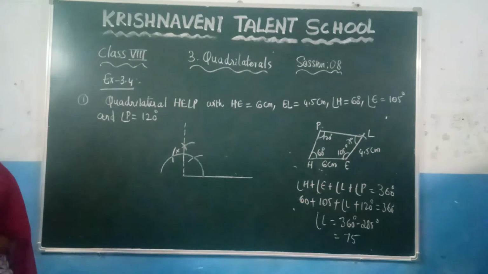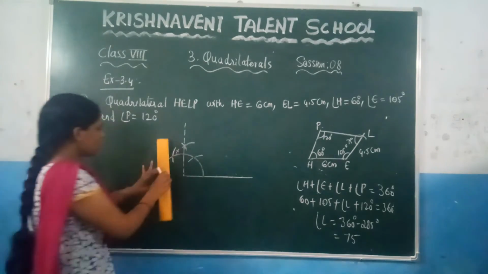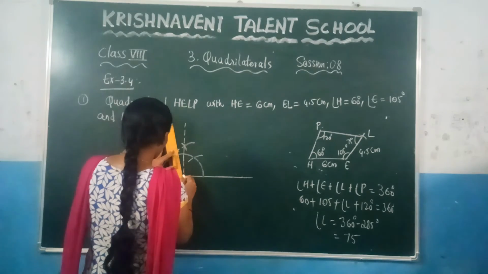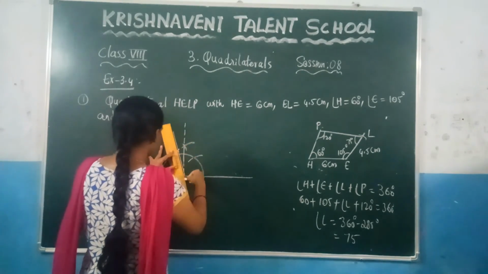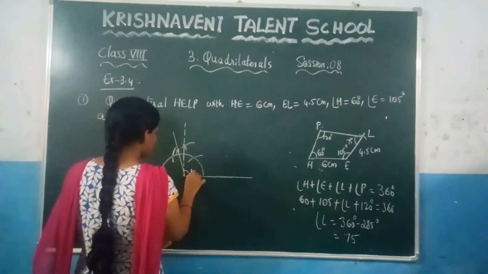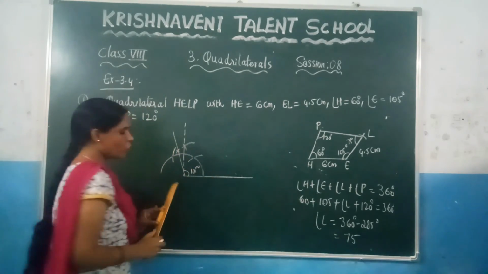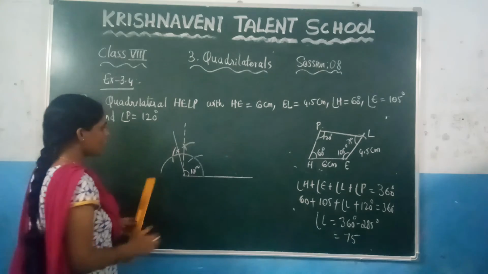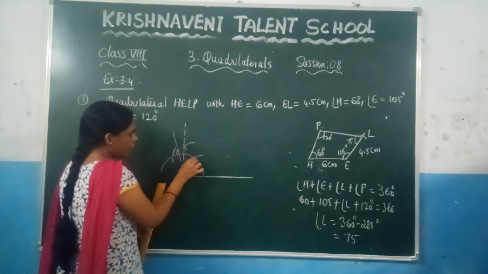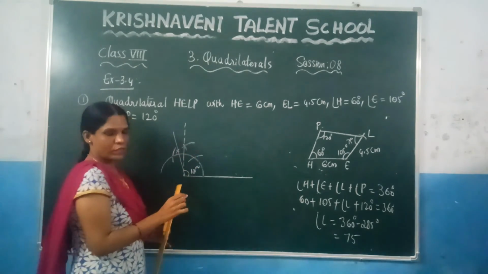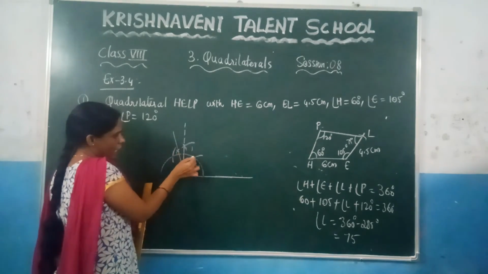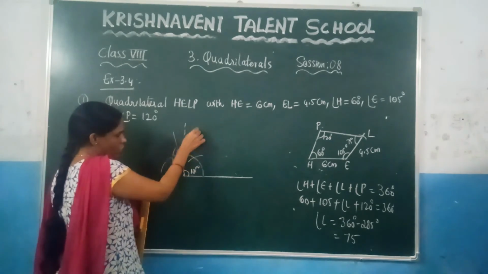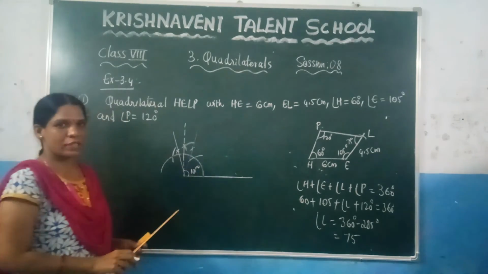Now you can join with the help of the scale. This is 105 degrees. And if you want to construct 75 degrees, in between 90 and 60 degrees you will get 75 degrees. That means you need to take more than half radius and keep one arc, and at this point keep one arc and join this one, you will get 75 degrees.